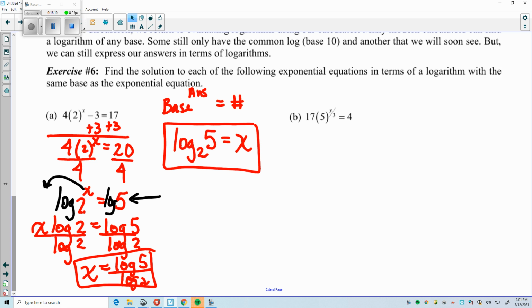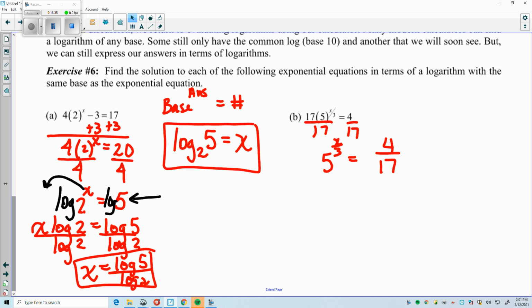Okay, we'll try one more of these. Without solving it all the way through, we're just going to write it as that exponential equation. Okay, step number 1, divide through by 17. So now I have 5 to the x over 3 is equal to 4 over 17. Okay, so we have our exponential equation. I need a log with this exponential base.